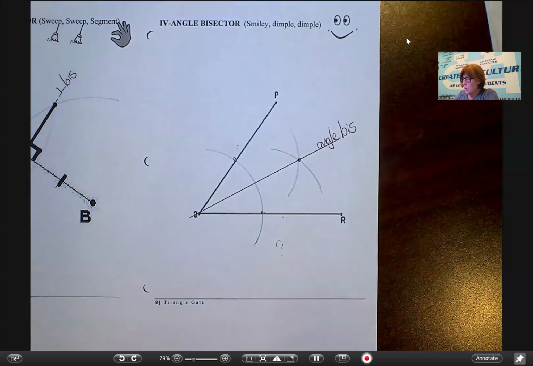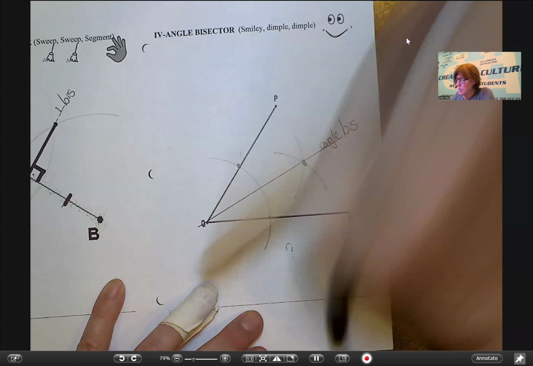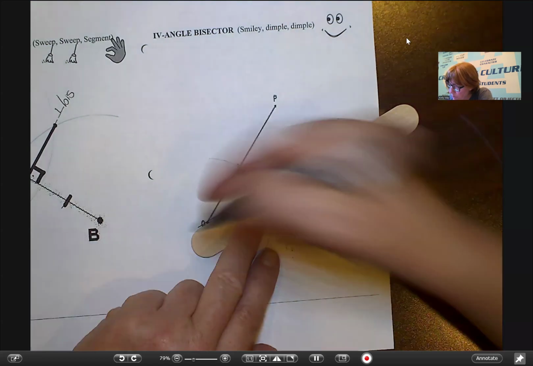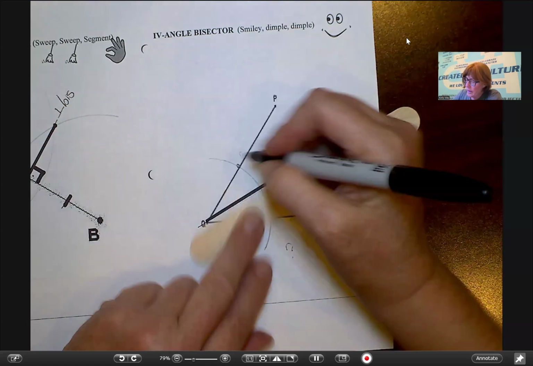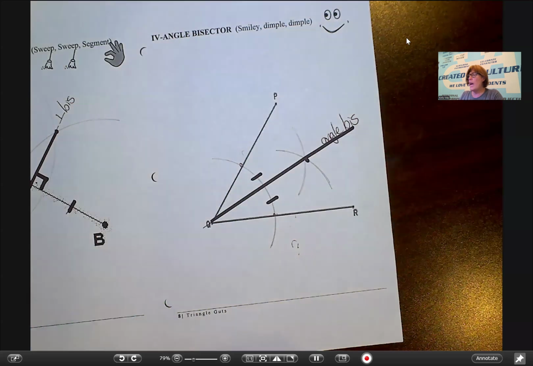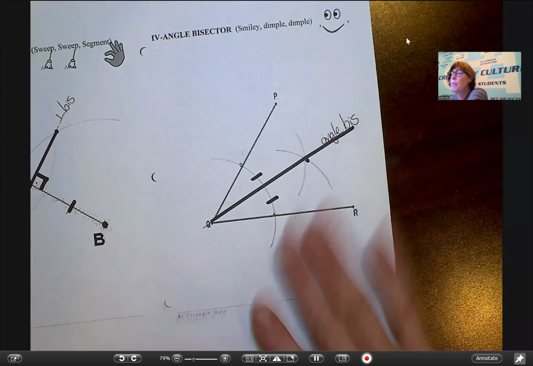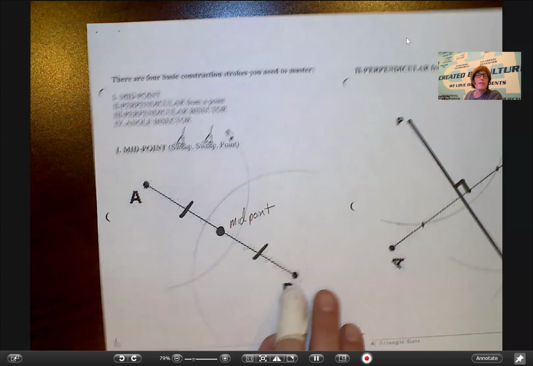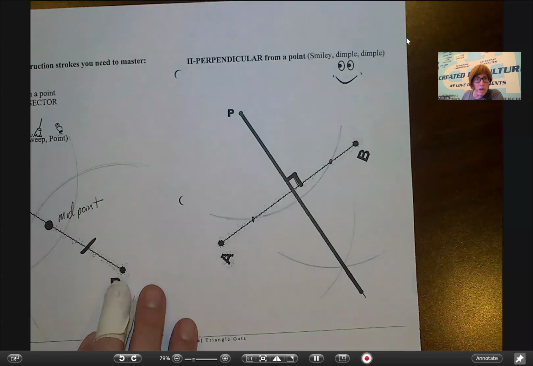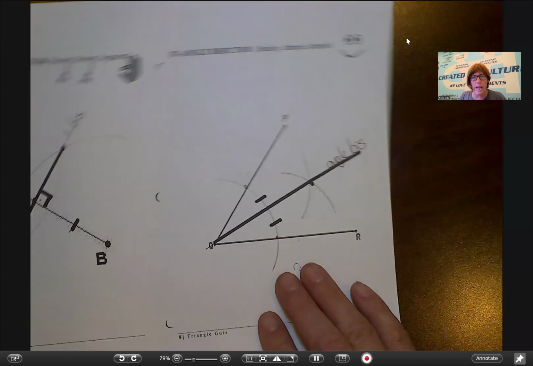And where that intersects, that is going to be the angle bisector. Now, those are your 4 basic strokes. Once again, a midpoint, a perpendicular from an exterior point, perpendicular bisector, and an angle bisector.